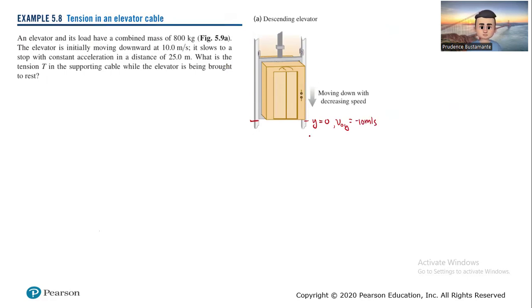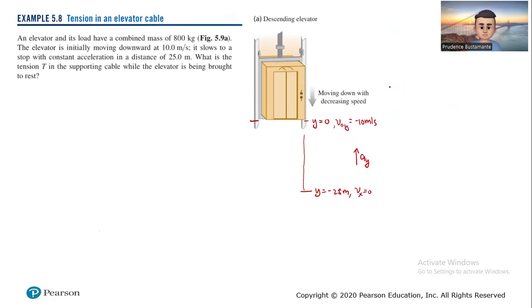Then after a distance of 25 meters, meaning y is equal to negative 25 meters, it slows down to a stop, which is v sub y equal to 0 because of the constant acceleration. Since it stopped, we assume that the acceleration is opposing the motion. That's our assumption.